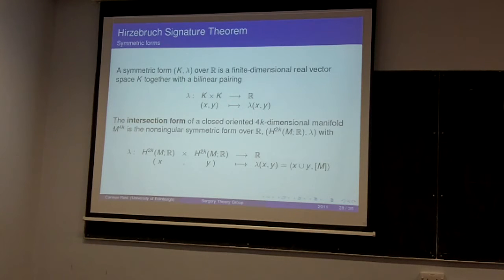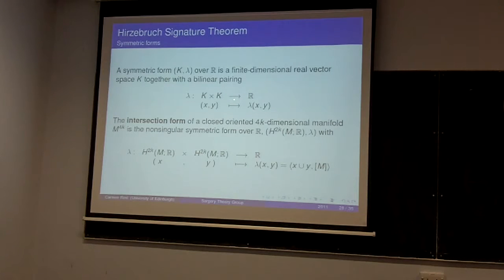A symmetric form is just a finite dimensional vector space and a bilinear pairing, as you see here. Lambda is the bilinear pairing. Our K's are here finite dimensional vector spaces, so we have this map.